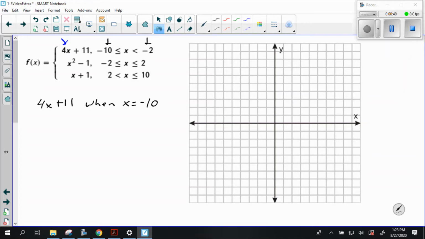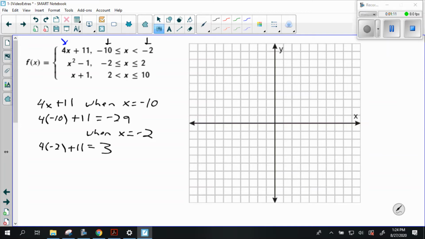That's going to be 4 times negative 10 plus 11, or negative 29. And how about when x is negative 2? That's the upper boundary of this, so that's going to be 4 times negative 2 plus 11, or 3.